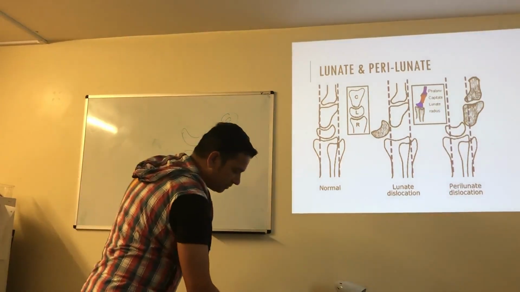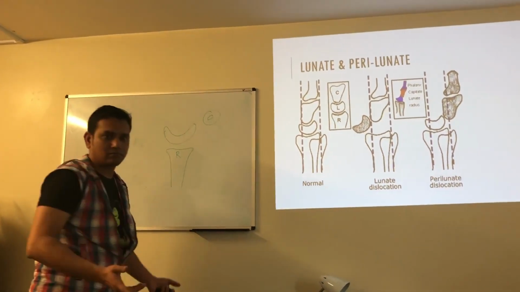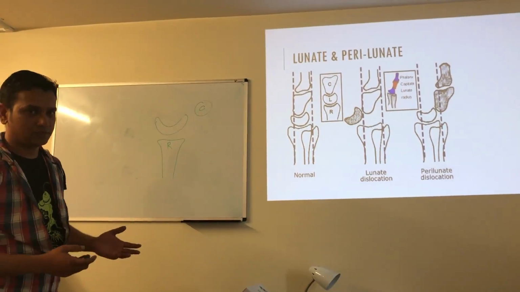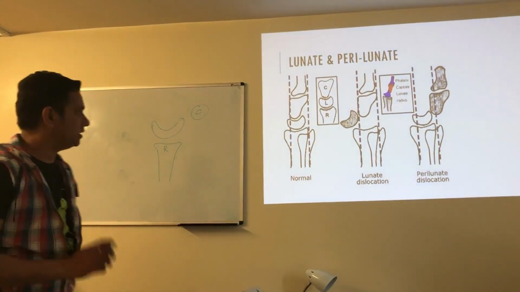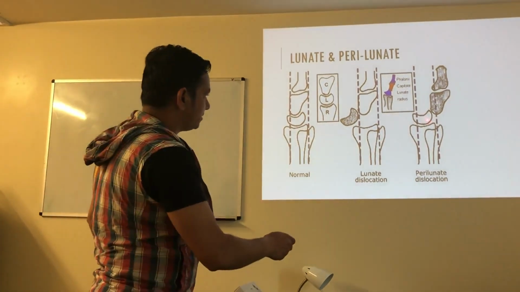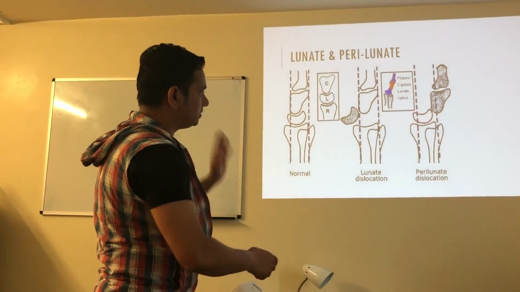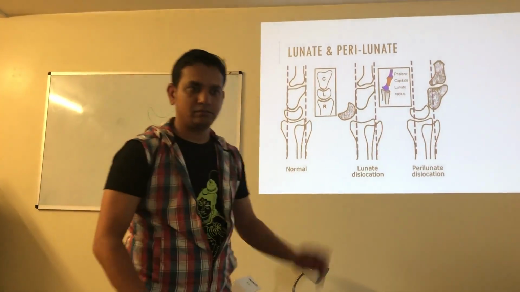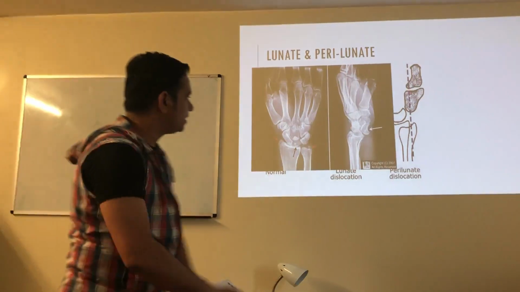Capitate dislocation. For exam purposes, perilunate dislocation. Easy? Very easy. So don't try to memorize. This is present here. That means it is perilunate. This is gone. Lunate. Okay.